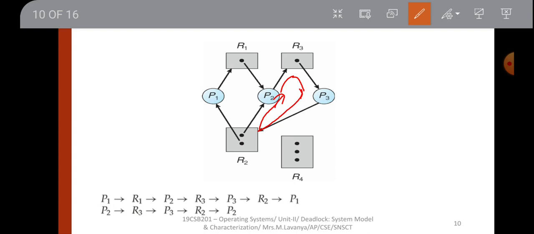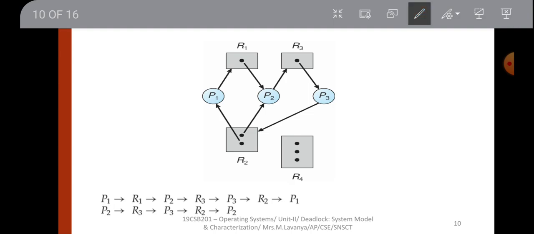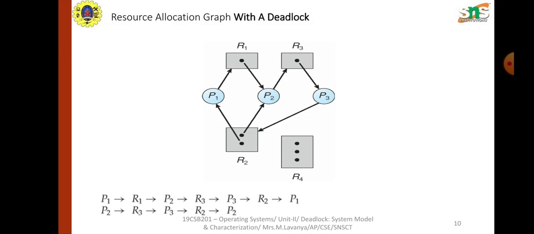So there is also a cycle formation. So in this graph we can analyze that there are two cycles formed. If these two cycles' process requests are granted and the system executes in this sequence, for sure the deadlock will occur on that system.